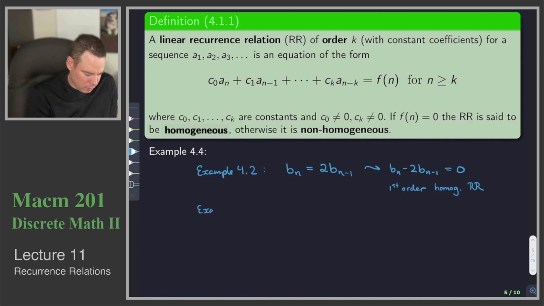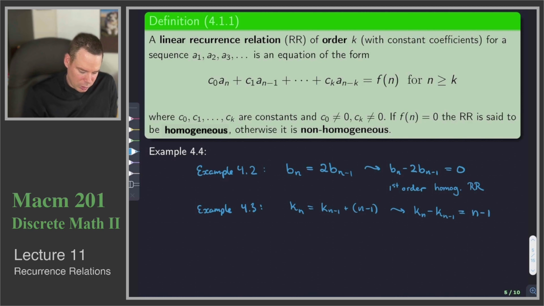What about example 4.3? This was our edges in a complete graph. There we had k sub n is equal to k sub n minus 1 plus n minus 1. If we rearrange it a little bit, we move all of the terms of the sequence to one side and anything else to the other side.